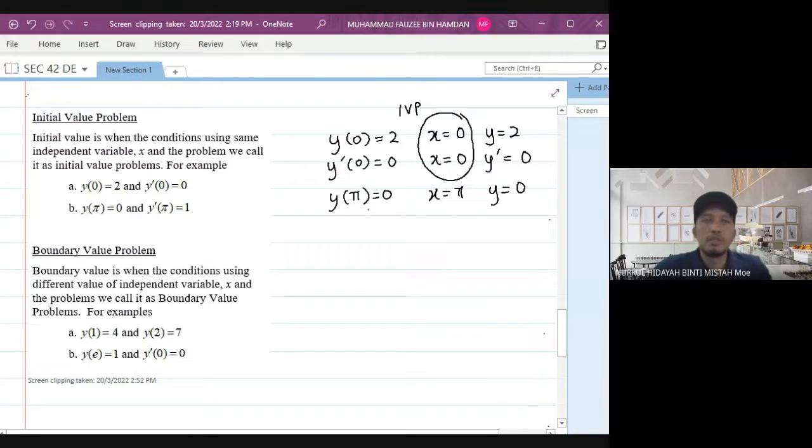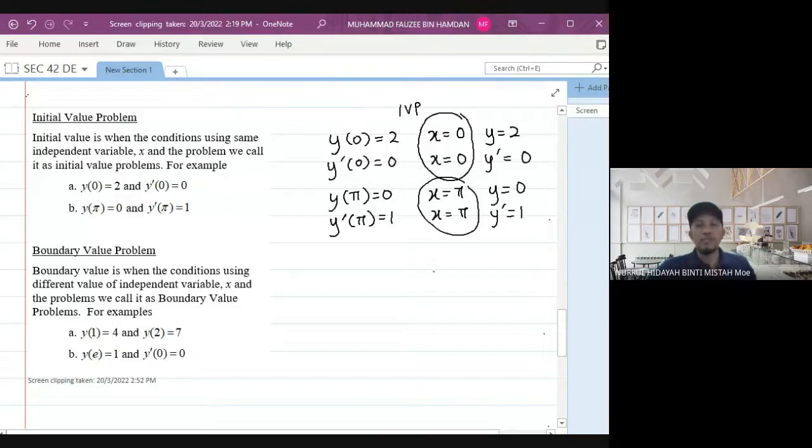If not, you will lose maybe 2 marks, so it's very unlucky for you. For this one, y'(pi) is equal to 1, that means x equal to pi, y' equal to 1. So we have the same value of the independent variable. That's why we call this an initial value problem.